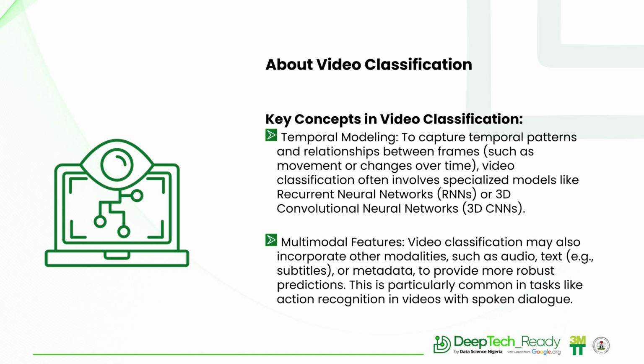So for instance, you want to be able to predict the action that was performed in a video due to the commentator's words. So that's what we are talking about when we say multimodal feature. You can actually classify a video to be a sports video because it has some commentary, and the words look like football words.